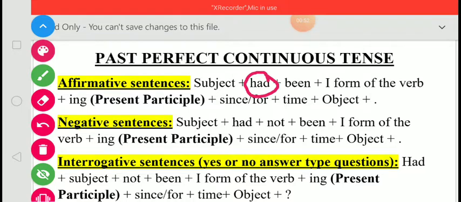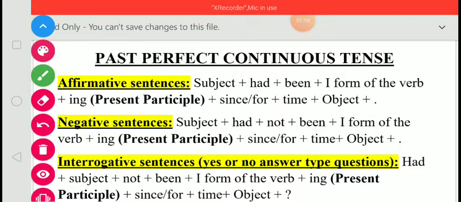All the structure of sentences remains the same, whether it is affirmative, negative or interrogative sentences. In all types of sentences, the only difference is in the helping verb, the rest remains the same.